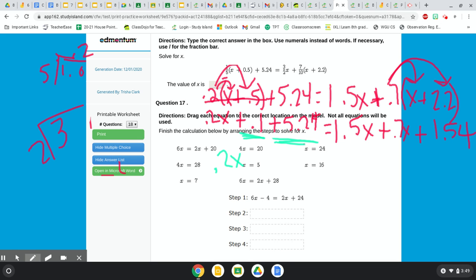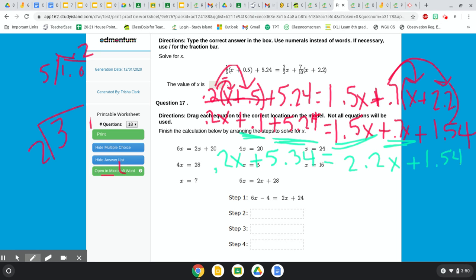So that's going to give me a positive 5.34. And then I'm going to do the same thing on the right side. I'm looking for like terms on the right side, and I see that I have two x values. So I'm going to combine those, and that's going to give me 2.2x, and I still have that plus 1.54.